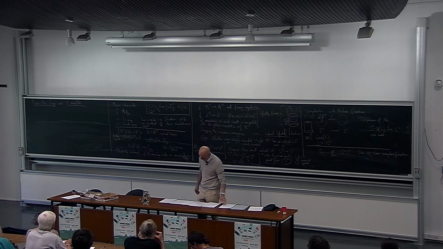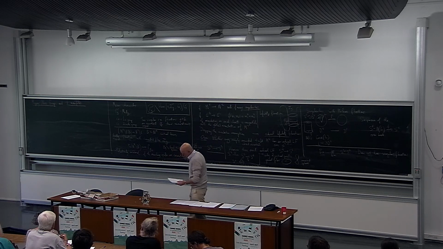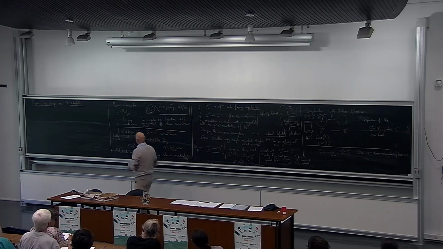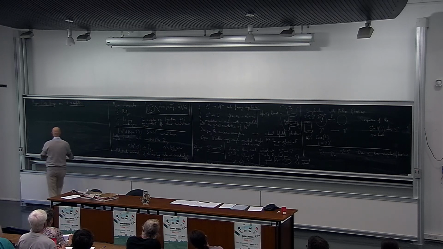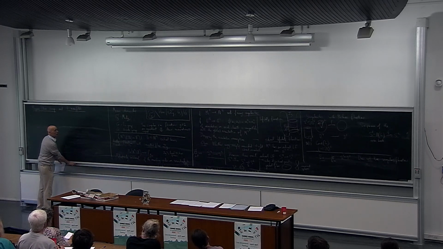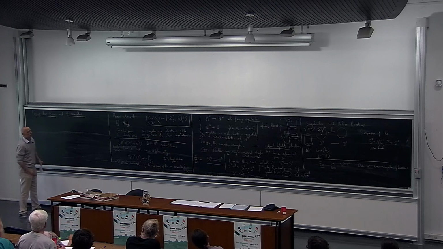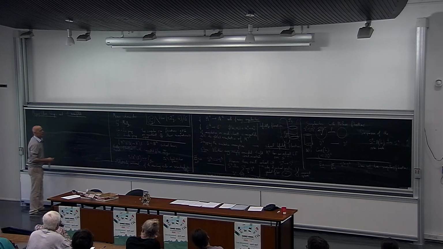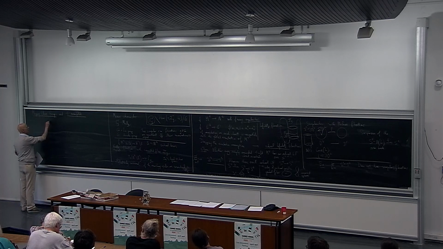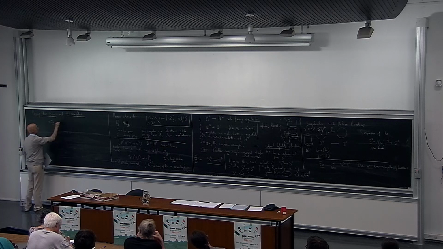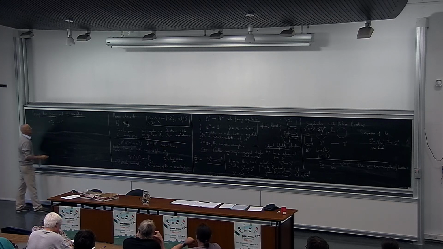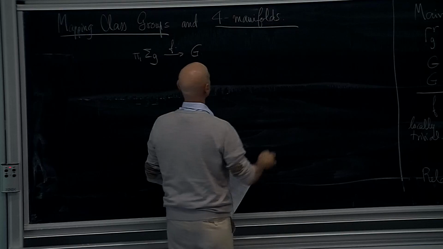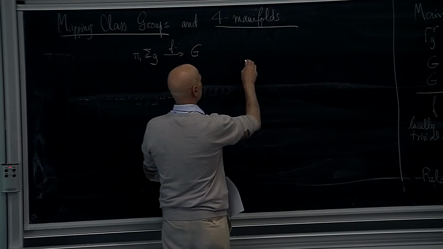I would say that there is first an obvious invariant. Let's say, take first the case when there are no punctures. So we have a homomorphism from pi 1 of sigma G, a closed surface, into a group G. Well, there is an obvious invariant.